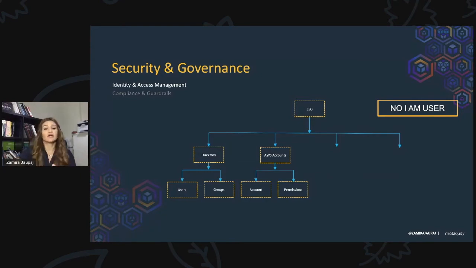When he goes through this URL, he sees only 2 AWS accounts with the right permissions. From the other side, I have an admin, who needs permission to all of these accounts because he needs to govern all of these things, and he sees the list of all AWS accounts.